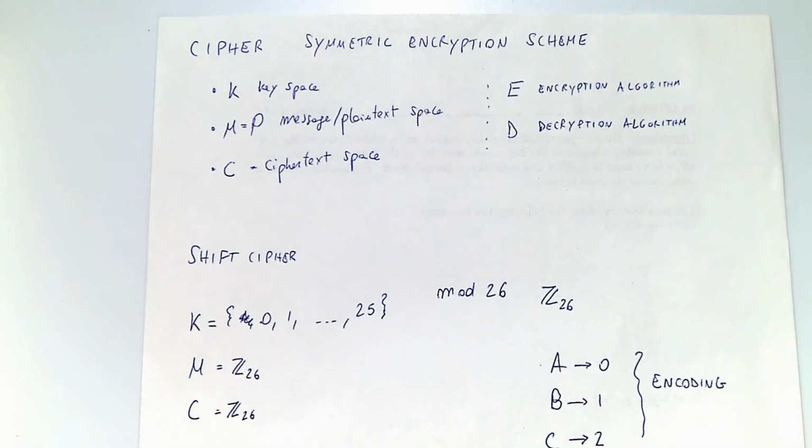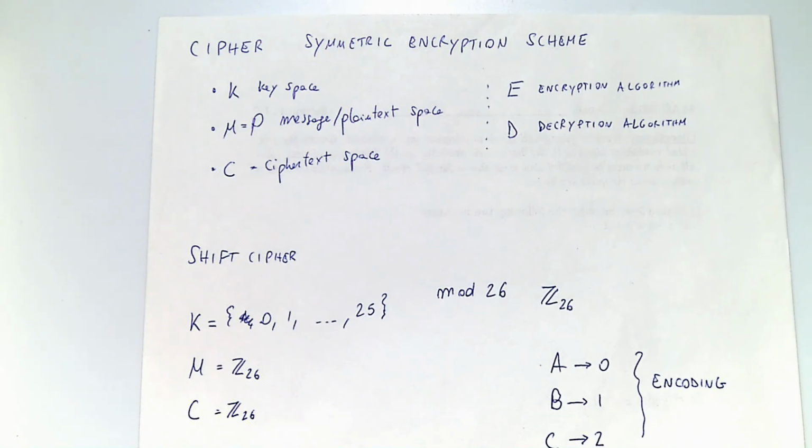So the canonical encoding for letters of the alphabet is the 0 to 25 mapping, with A, B, all the way up to Z. You can use a different encoding if you want, but the substance doesn't change. So the encoding method that you have, the encryption scheme is the same.